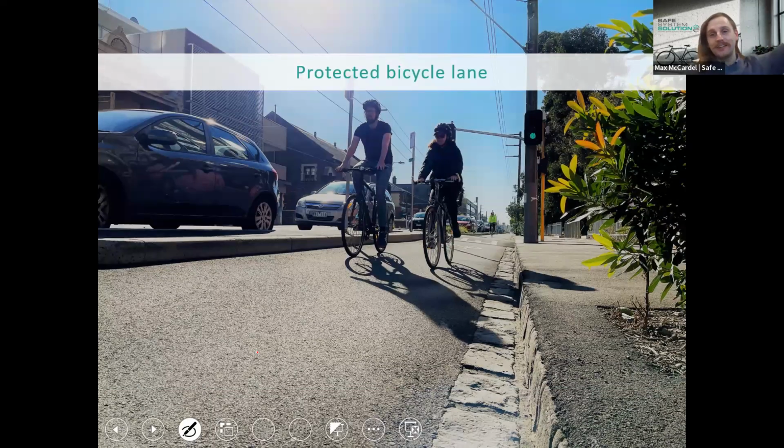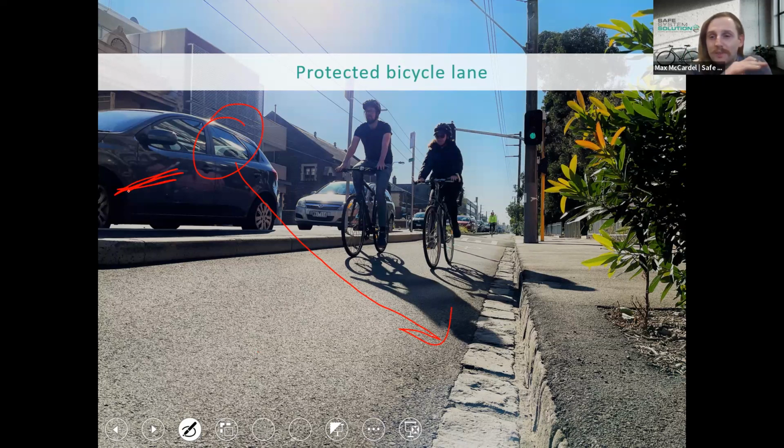The first slide we've got here is an example of a protected bicycle lane, and what that terminology is actually referring to is this: typical road configurations would have a parking lane right up against the curb and channel, or right next to the footpath, and then a bicycle lane adjacent to the parking lane.